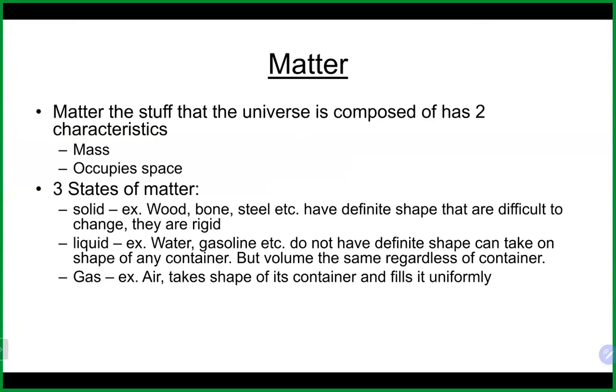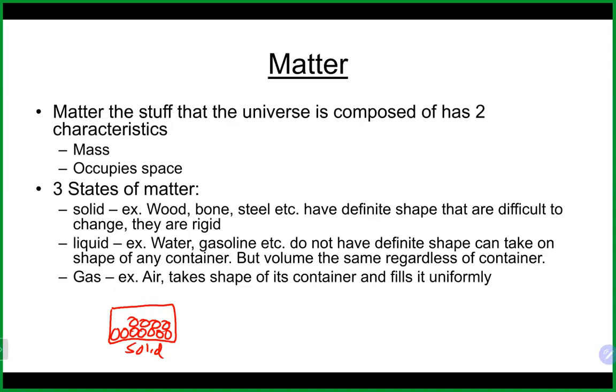There are 3 states of matter as we've gone through, but just to reiterate, we obviously have the solid state of matter where things are packed in really tight to one another. Things have a definite shape. They're very difficult to change the shape of. Obviously, like this wall, right? Pretty solid.